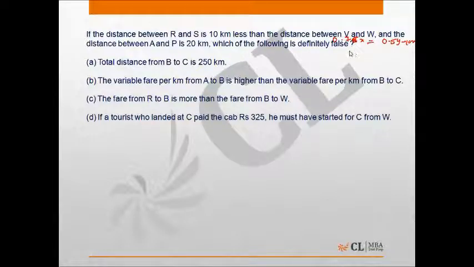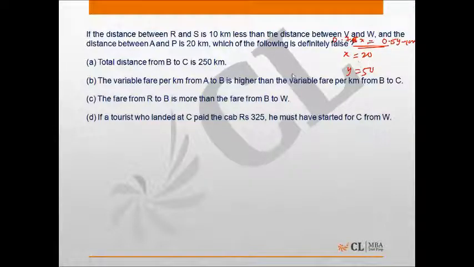This is the first condition, and the second thing given is that the distance between AP is 20 km. It means x is 20, and by putting the value of x in this equation, we get y as 50. So now we know the values of x and y.